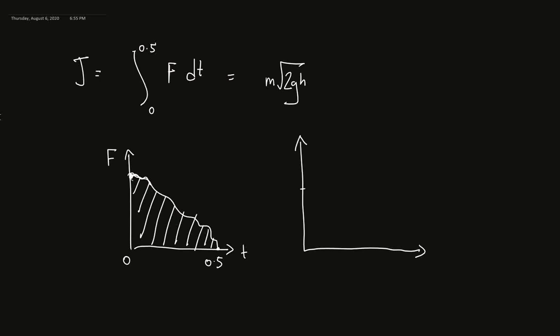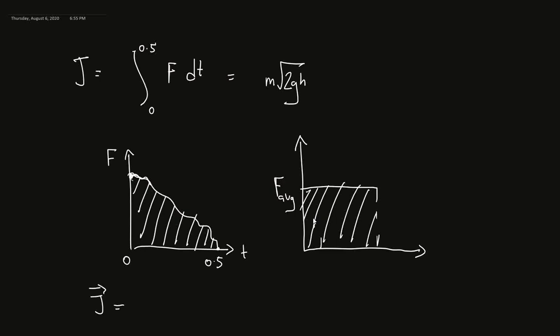Let's consider an F average such that the area under this rectangle is precisely equal to this one, okay? So F average in that case should be somewhere between the maximum value of force here and the 0 value of force at the end.